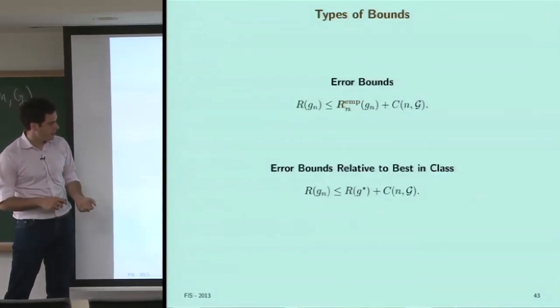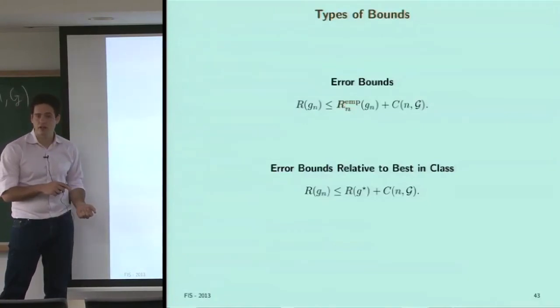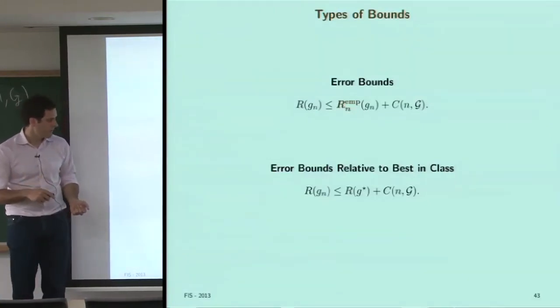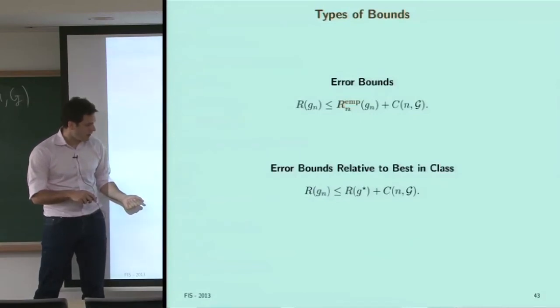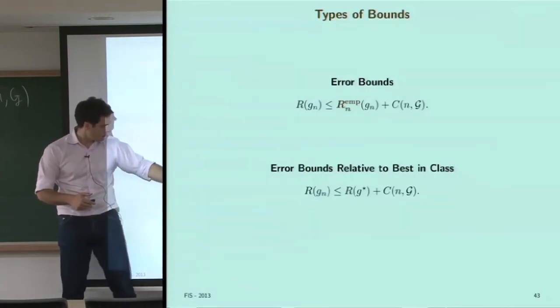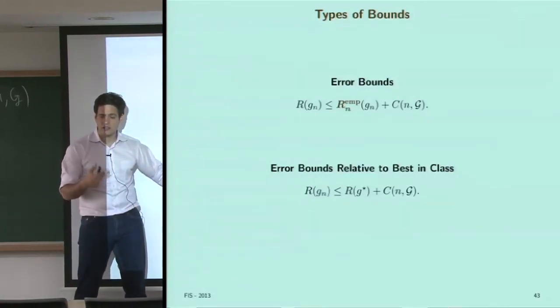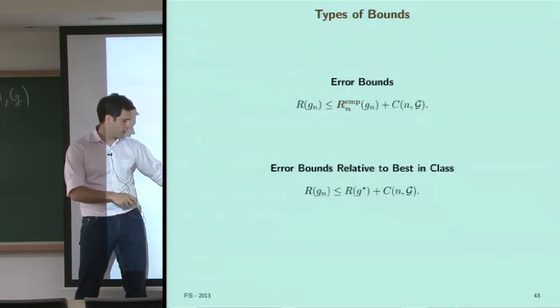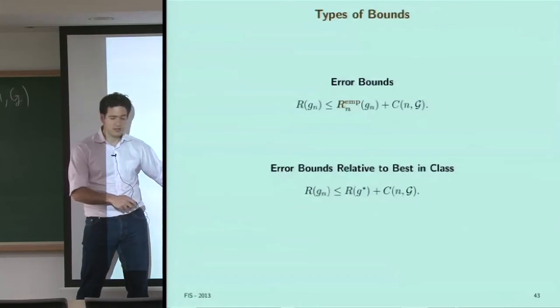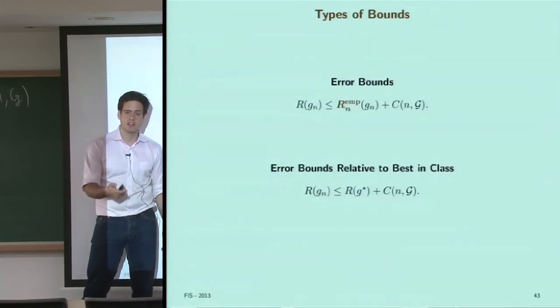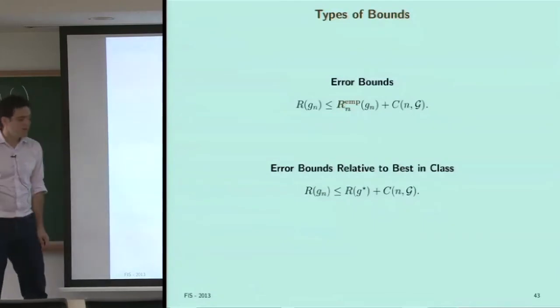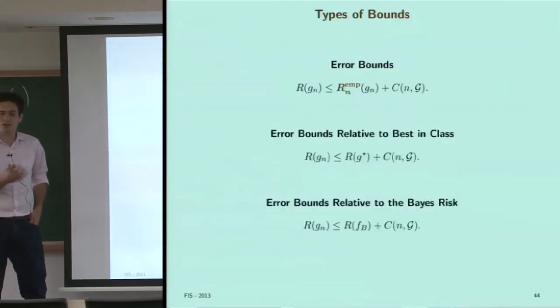So instead of only focusing on Gn, we can also focus on how far from the best possible function g star in calligraphic g I can get, and is there a way to guarantee that the real risk of Gn, which is computed using empirical risk, would be still lower than the risk of G star plus some constant, which depends again on n and G star. And this is probably the best possible thing that you can compute.